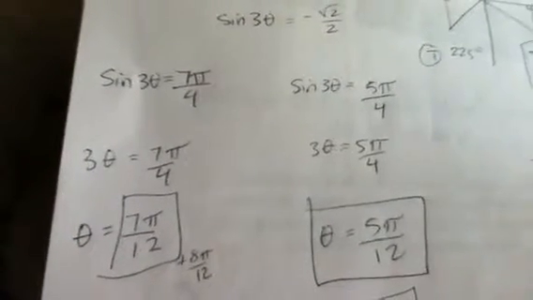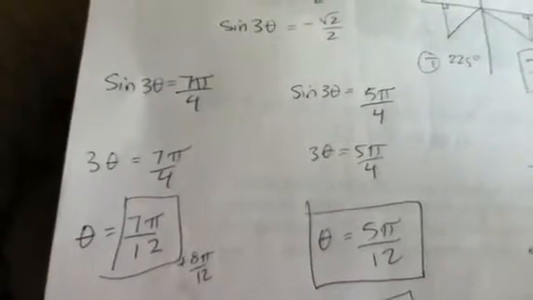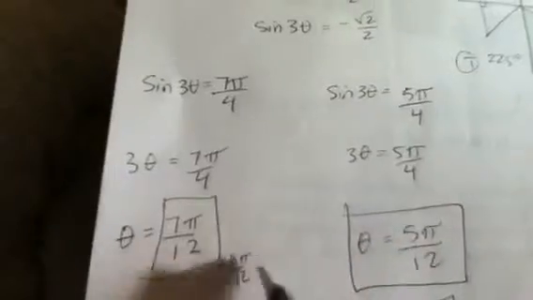2 pi divided by 3 is 2 pi over 3, isn't it? So I kept adding 2 pi over 3 to everything. So basically you can grab this answer and continually add 2 pi over 3 to it until you get so high that you're supposed to keep it between 0 and 2 pi.